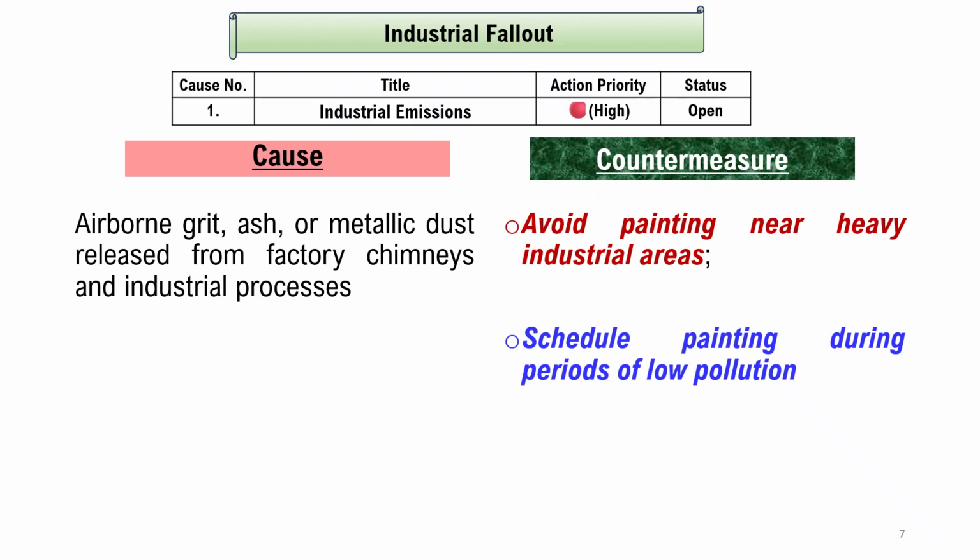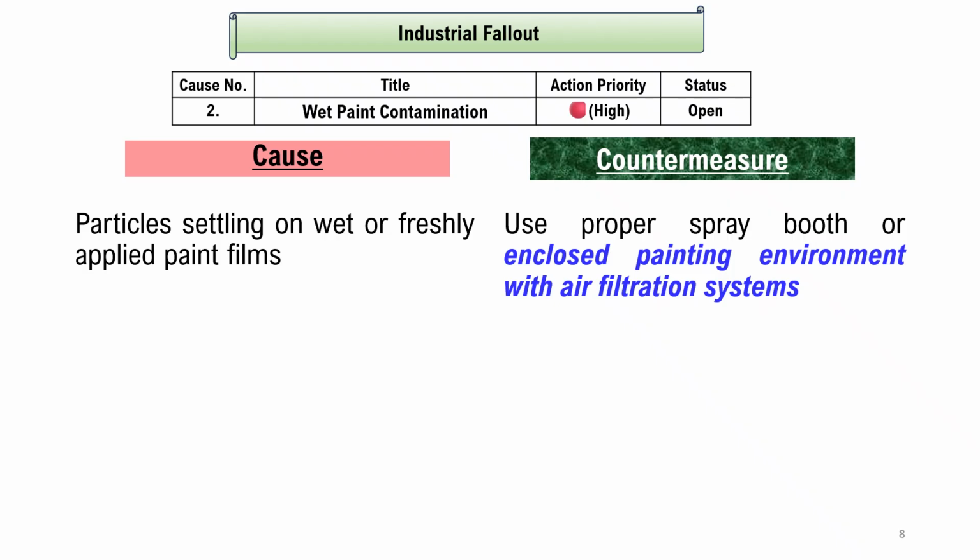Avoid painting near heavy industrial areas or schedule painting during periods of low pollution. Number two, particle settling on wet or freshly applied paint films. The countermeasure recommended is use proper spray booth or enclosed painting environment with air filtration systems.